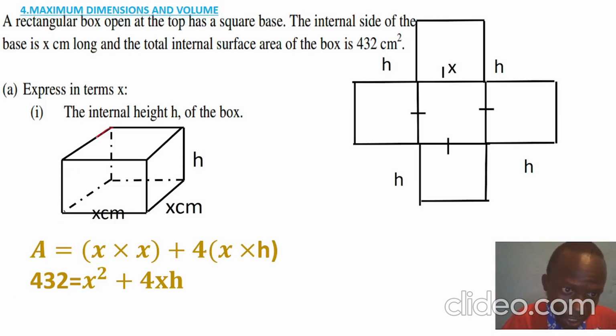In the question, it has been stated that the box is open at the top. And if it is open at the top, and then we cut the edges, these edges here, the edges there that are heights.